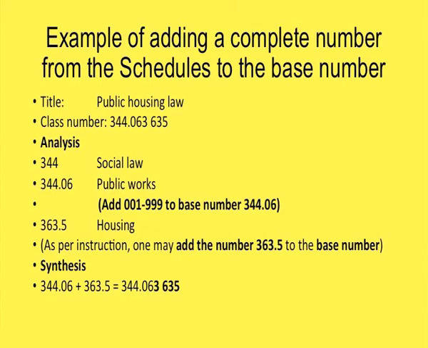So, how do we synthesize the number? The base number is 344.06 and we add the complete number for housing, 363.5. This number is added to the base number and the complete class number is 344.063635. So, the complete number has been attached to the base number.